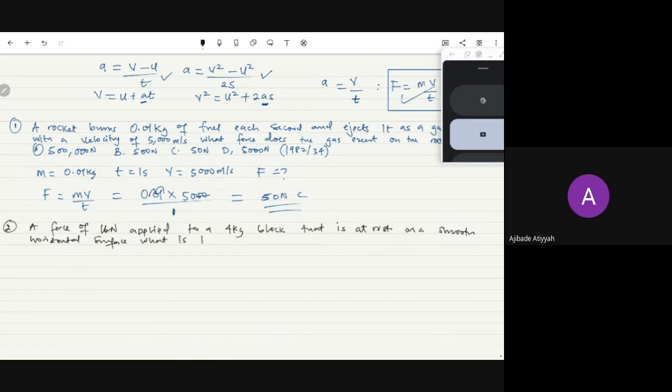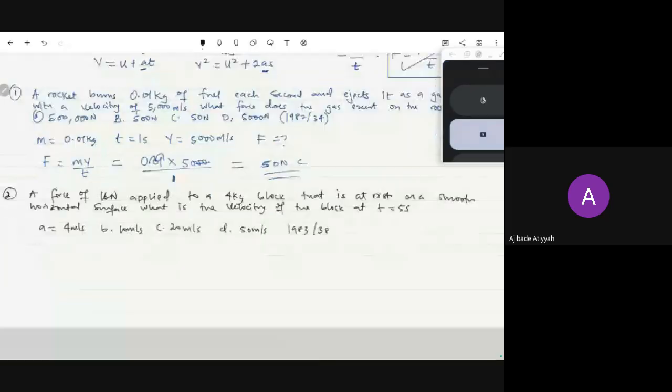What is the velocity of the block at t equals 5 seconds? A is 4 meters per second, B is 10 meters per second, C is 20 meters per second, D is 50 meters per second. 1983, question 38, I think.